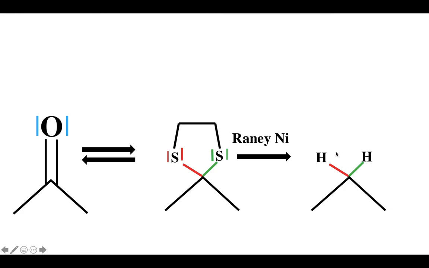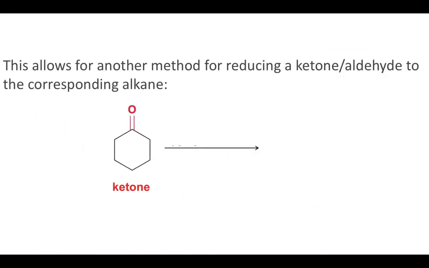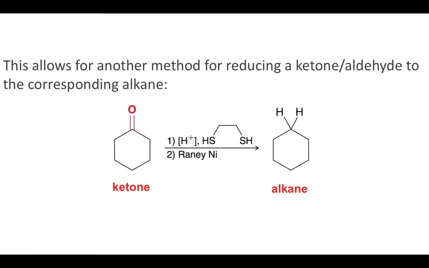So that's a way, students, in order to convert our ketones into alkanes. We first make them into cyclic thioacetals using EDT, and then we expose that cyclic thioacetal to Raney nickel, which causes desulfurization and results in the formation of an alkane. So this allows, again, another method for reducing a ketone or aldehyde to the corresponding alkane. We, in acidic conditions, add EDT and then Raney nickel, and that results in the alkane.